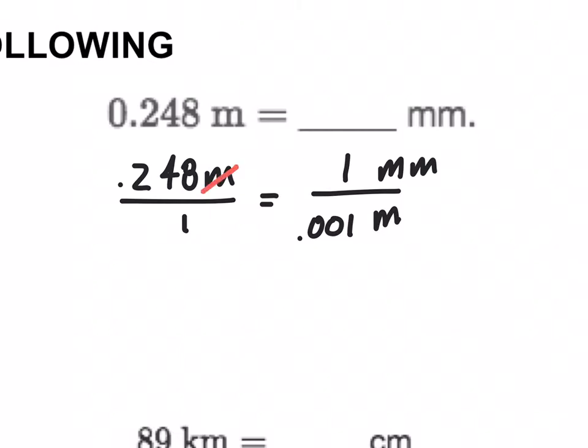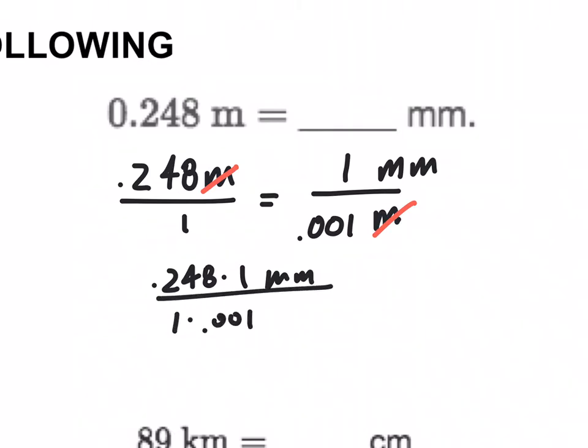So now my meters divide out, and what we're left with is 0.248 times 1 millimeter, and then divide that by 1 times 0.001. So really what this comes out to is 0.248 divided by 0.001 millimeters. That would be something I would divide in the calculator: 0.248 divided by 0.001, and that's going to give me 248.